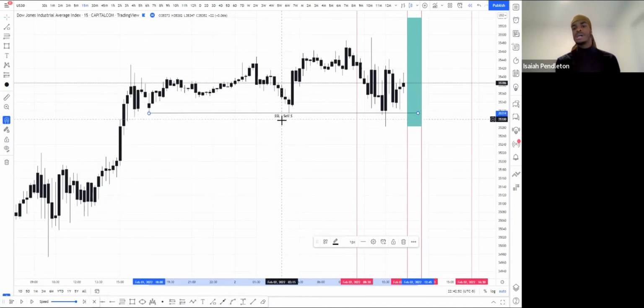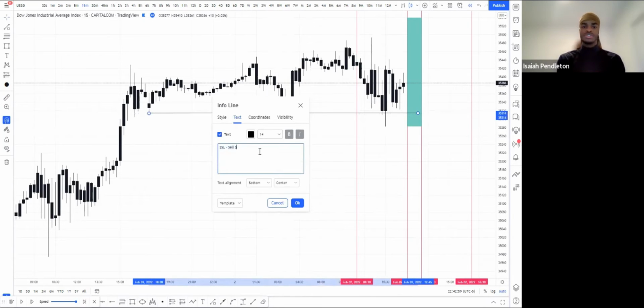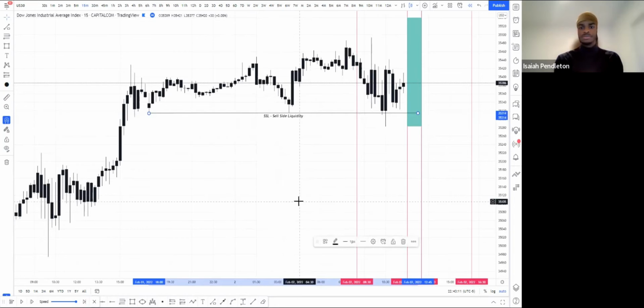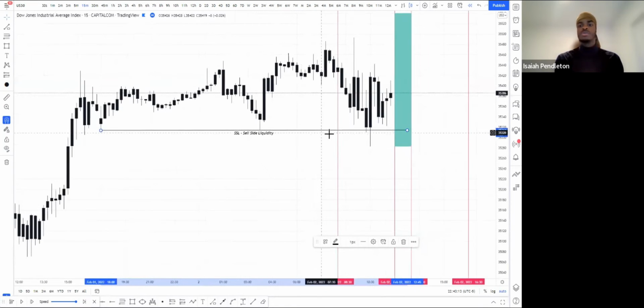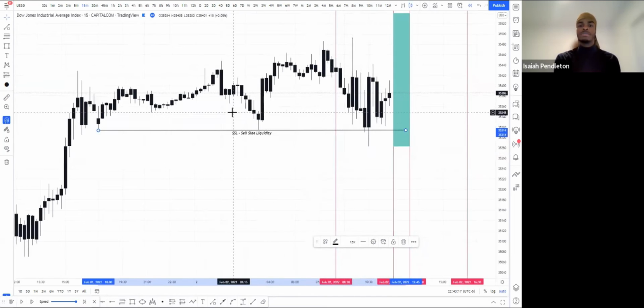But I understand why, and learning from ICT, you would understand why. So right here in this area is called your sell side liquidity. And this is the area where you want to enter your buy. This is the area where I entered my buy.